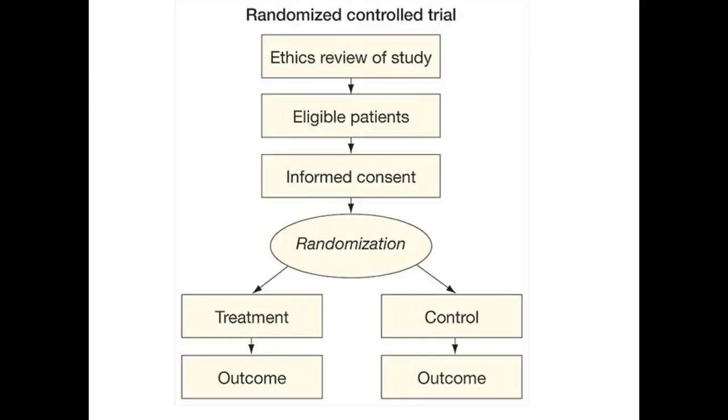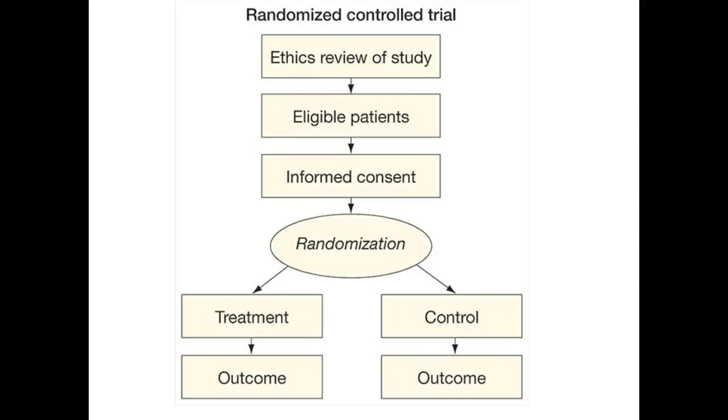So with randomized controlled trials, first of all, the researcher creates their research plan, their data collection methodology, and that originally will go to an ethics review board. So we need to make sure that we are not harming human subjects.